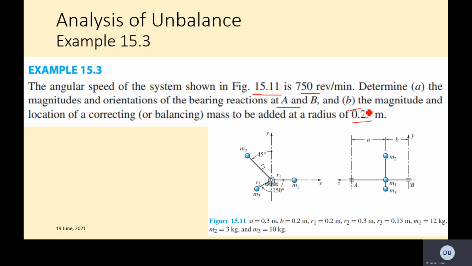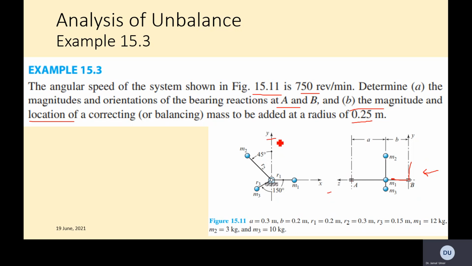So at a radius 0.25 is given, and we need to answer two things, first the mass and the location, right? So these are two views basically. If you look from the side, these masses are just in one plane in y direction basically, but when you look from the x y side, you see all these masses, they are spread out in x and y.